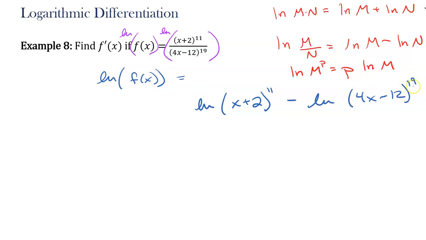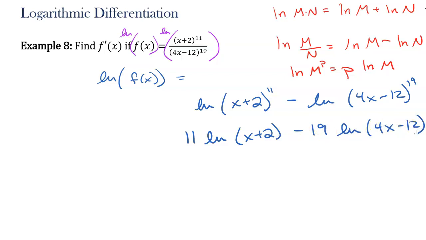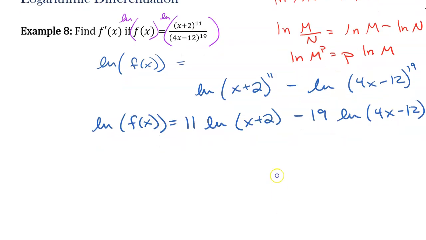Now I don't want those powers there, so I can use this third property to pull the powers out front. So 11 times the natural log of x plus 2 minus 19 natural log of 4x minus 12. See, that looks so much better. So much better. At the very least, I only have to write one line.